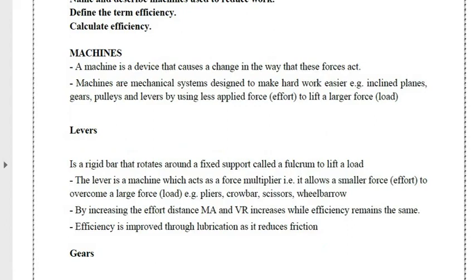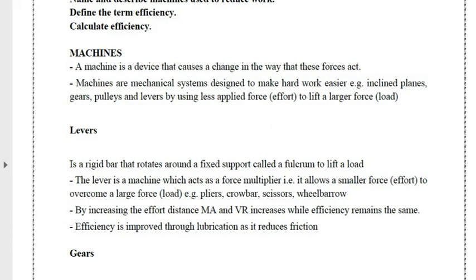So a machine is a device that causes a change in the way forces act. If a force is being applied onto a particular body, then a machine is going to act as a force multiplier. If it's a good machine, it's most likely going to multiply the effort that you would have applied on an object, so as to allow you to apply less effort.